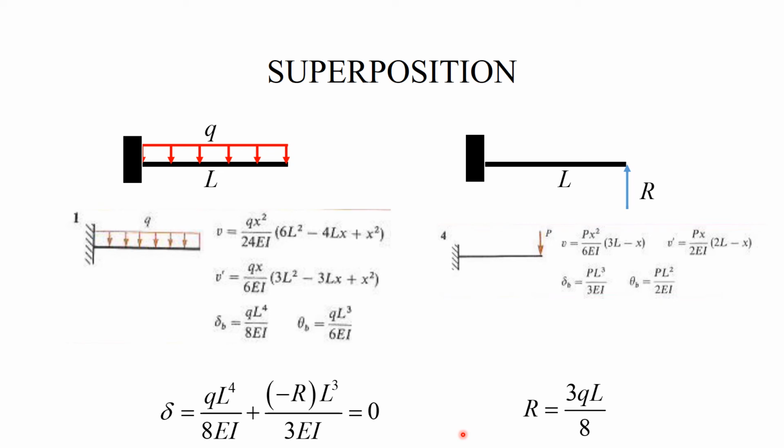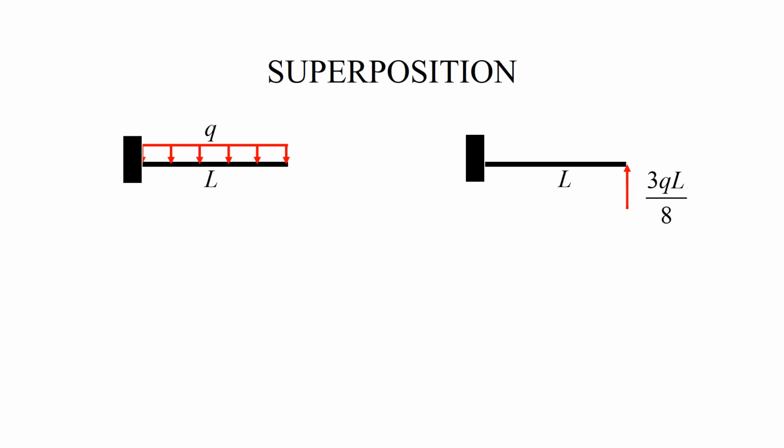Now, I can think of the statically indeterminate beam as a statically determinate beam subjected to the distributed load and the reaction force 3qL over 8. So now I can go directly to the deflection line.